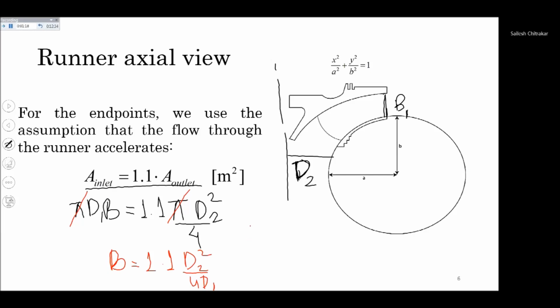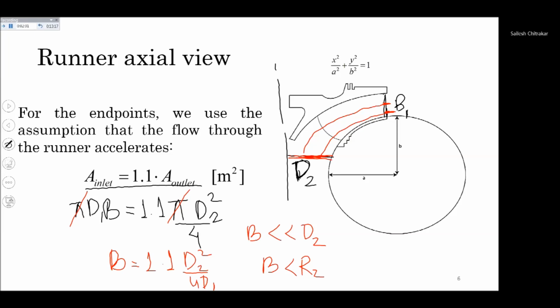So this means that B will be much less than D2, right? Or B is less than R2 as well. So what I'm trying to say from these relations is that when you draw a streamline, although it seems that in the inlet the height is small compared to the passage at the outlet, if you compare B1 and D2, you can see that D2 is obviously greater than B1, but the area actually at the inlet should be higher.